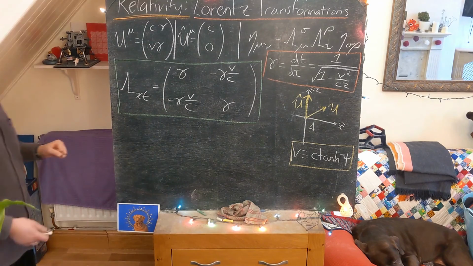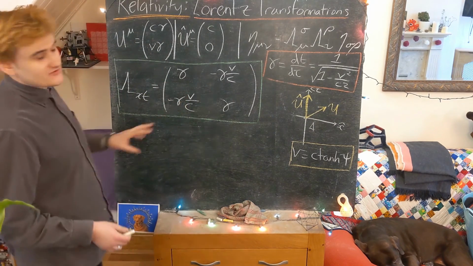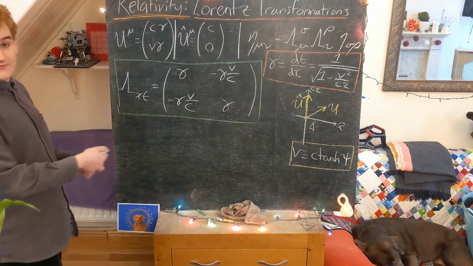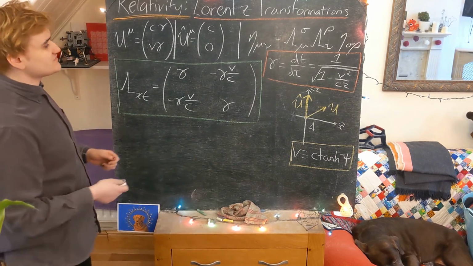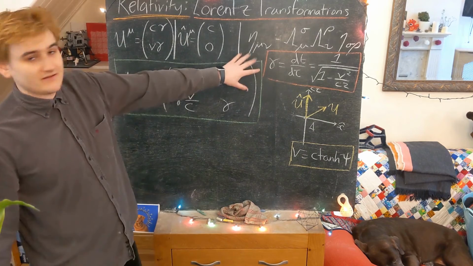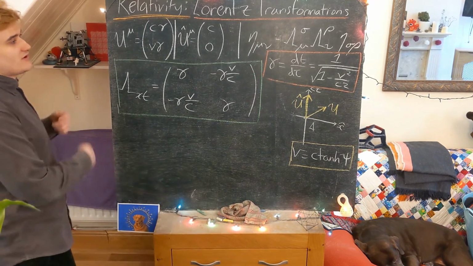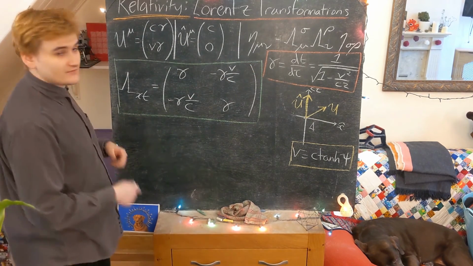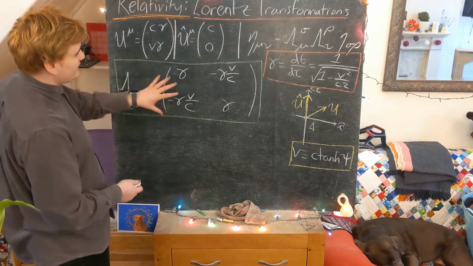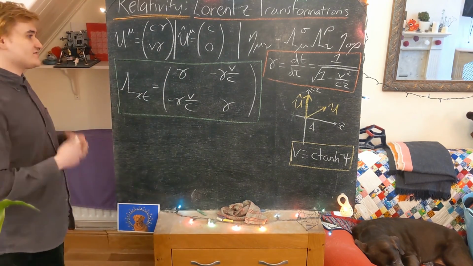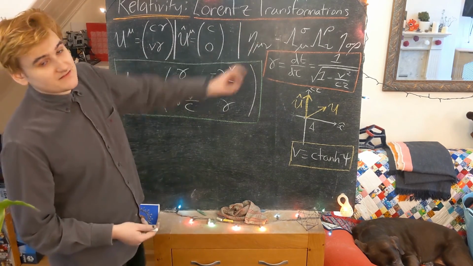And so in upcoming videos we're going to start looking at how these transformations are actually going to affect physical quantities like time and distance intervals. And we're going to see that this gamma is going to essentially control all of our relativistic physical effects. But for now we've just come up with or derived our coordinate transformations that leave the metric invariant.